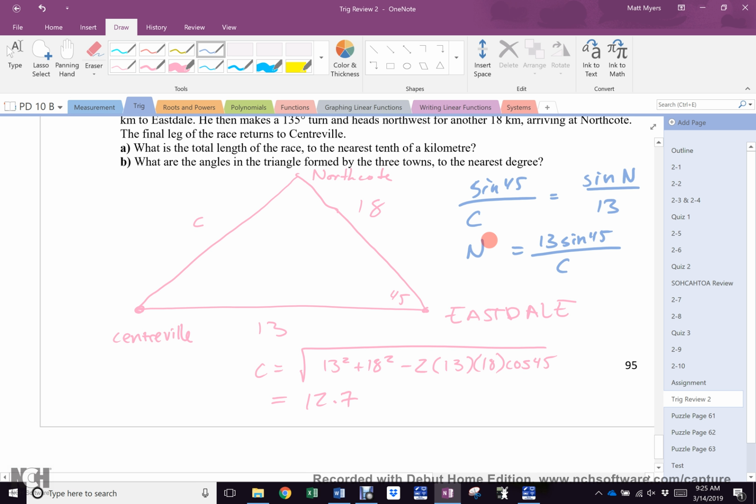wait, I screwed up. I lost my number here. So it's 13 sine 45. Oh, that's why. It's 13 sine 45.